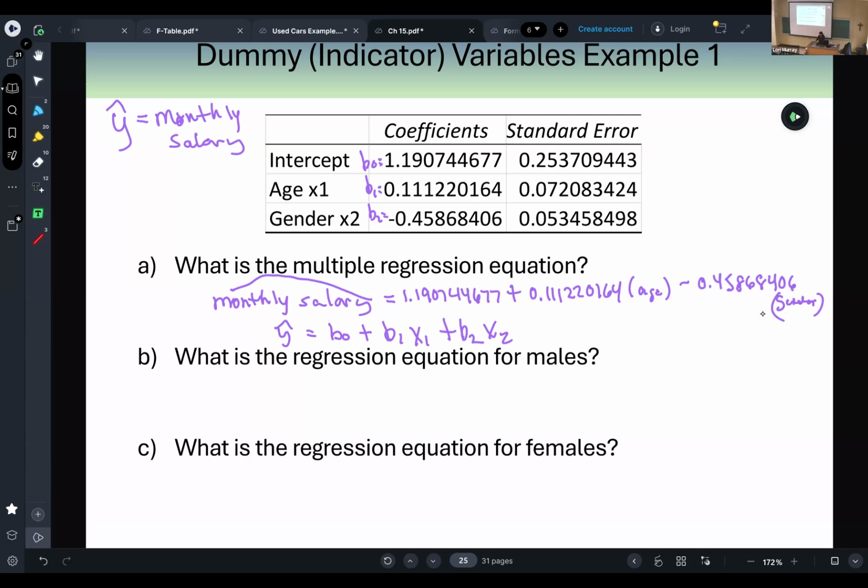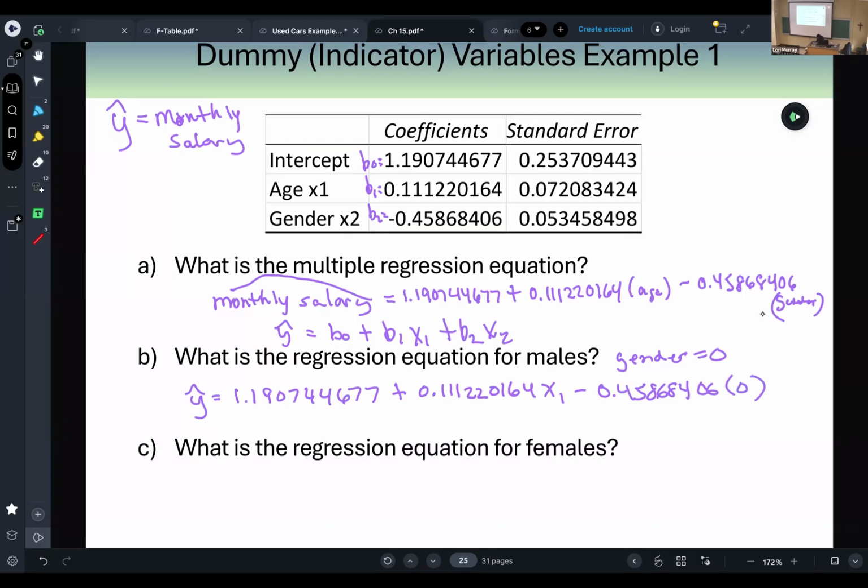And what is the regression equation for males? For males, we put in gender equals 0. So Y hat equals 1.190744677 plus 0.111220164 times X1, which is age, minus 0.45868406 times 0.